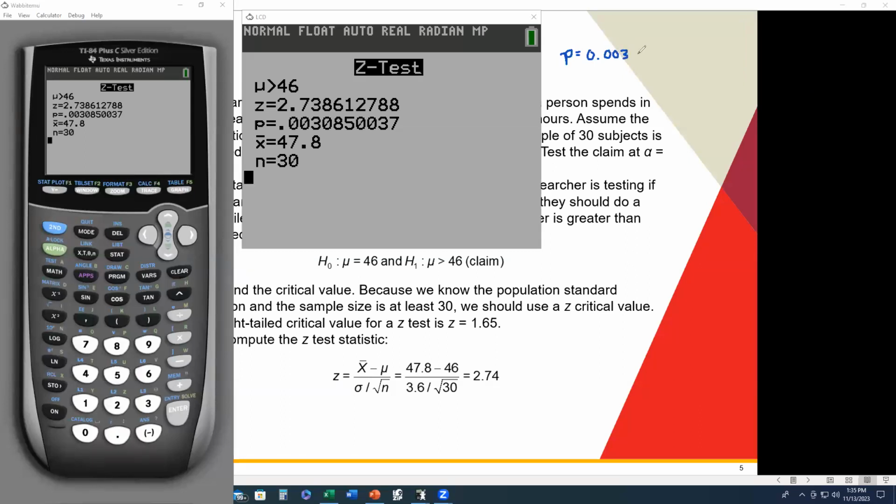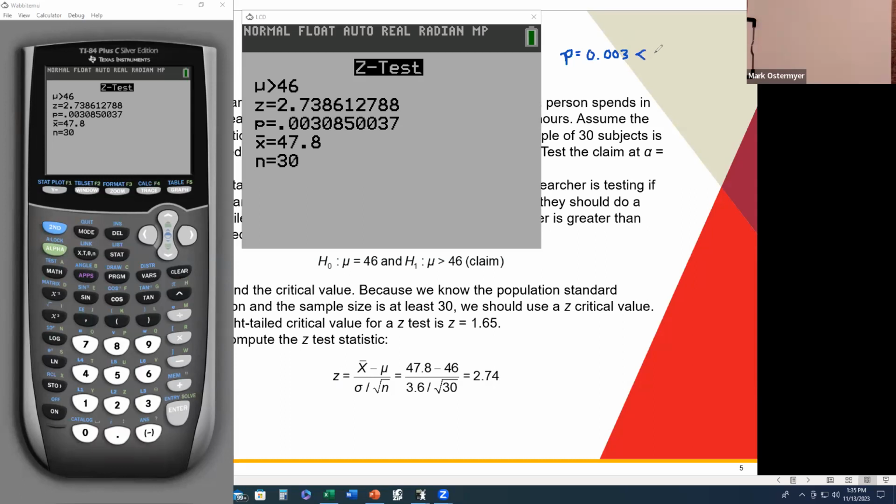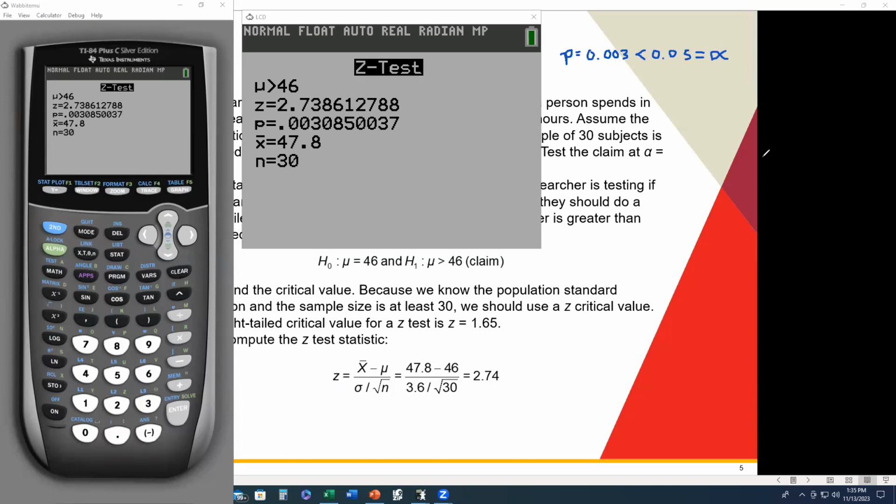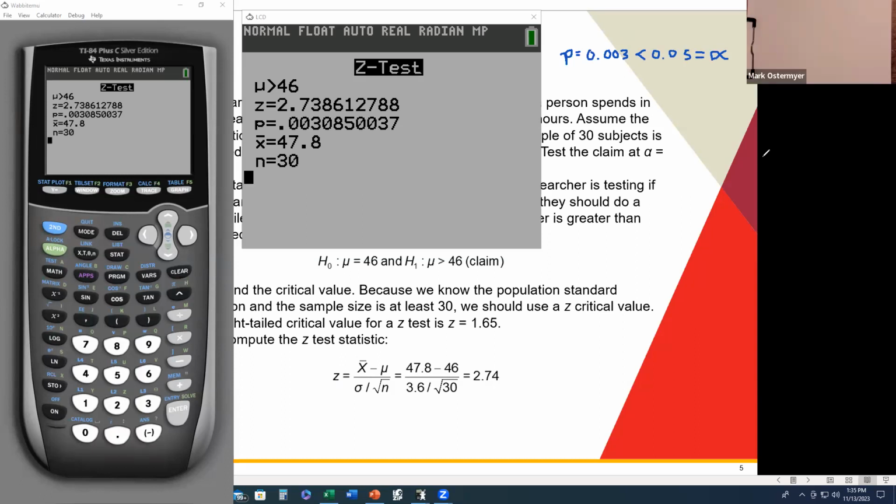A lot less than, do you agree? 0.003 is less than 0.05, which is my level of significance. And therefore, ladies and gentlemen, for p small, we're going to do what? For p small, we reject the null. And that's exactly what happened when doing the problem manually. We were able to reject the null hypothesis.